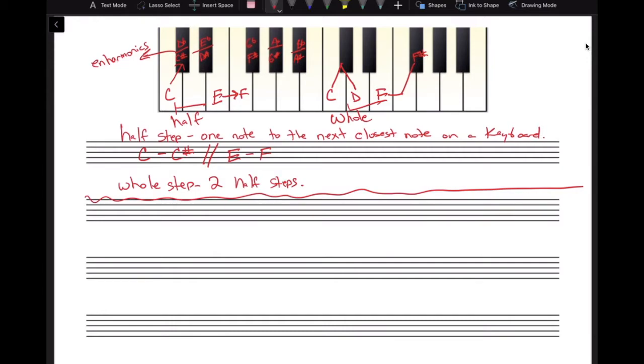Tri meaning 3. There are 4 different types that we are going to deal with. We have a major triad, a minor triad, an augmented triad, and a diminished triad.